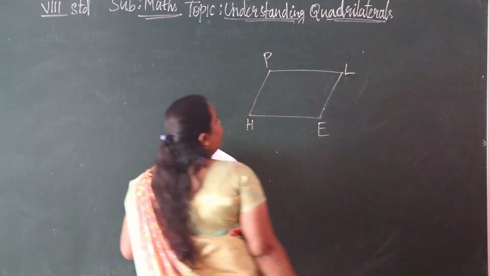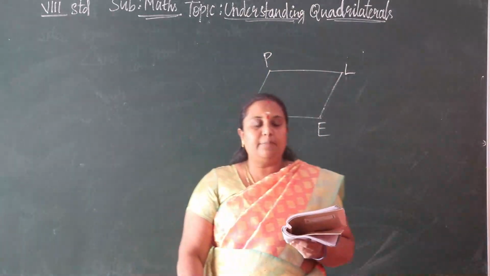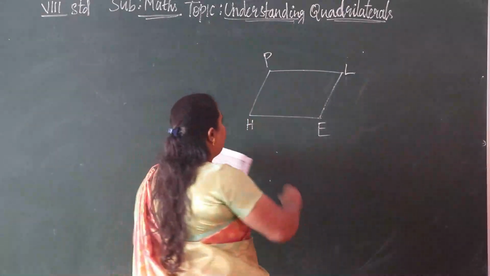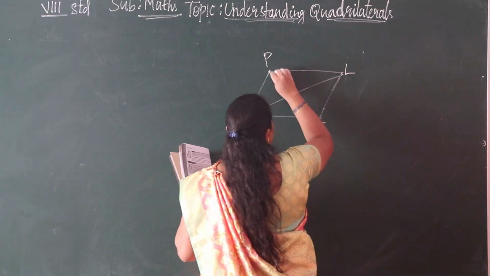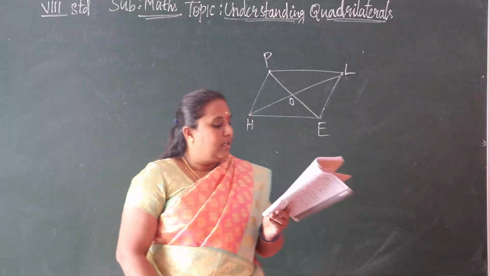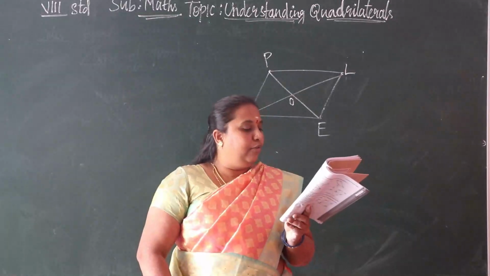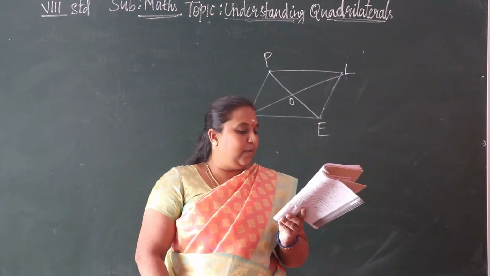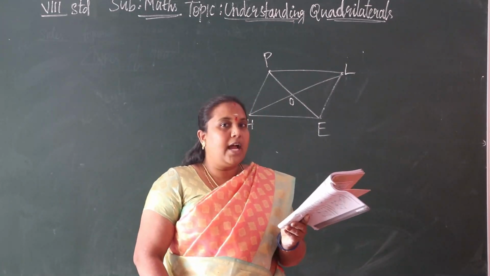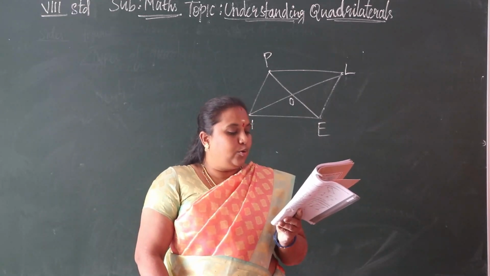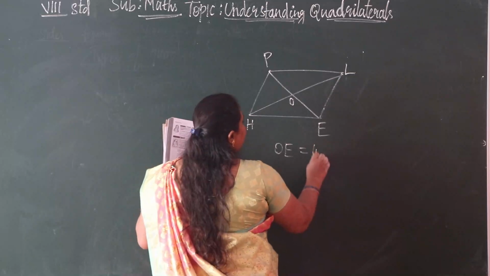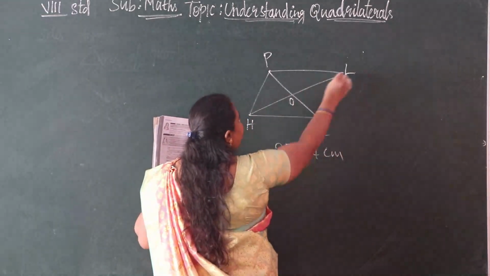HELP is a parallelogram, and the diagonals bisect each other at O. Okay, and then given that OE equals 4 and HL equals 5 more than PE. Find OH. Okay, see that is OE equals 4 centimeters and HL.